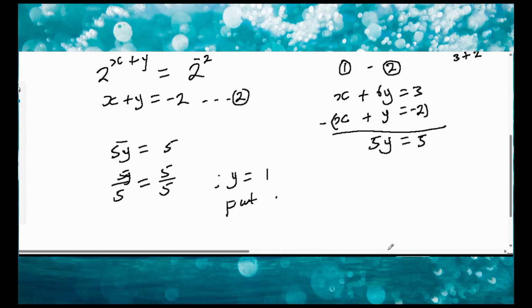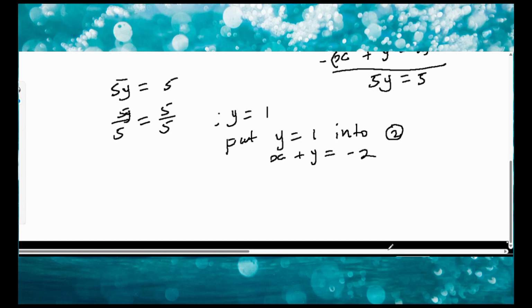We're going to put y is equal to 1 into any of the equations that we had, but I prefer to put it into equation 2, right? What's equation 2? Equation 2 is x plus y equal to minus 2, right?